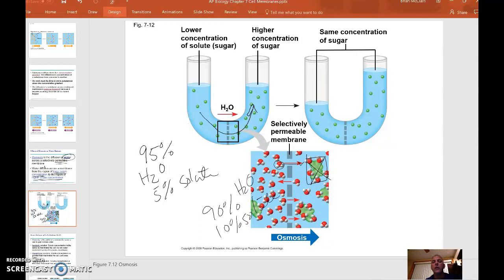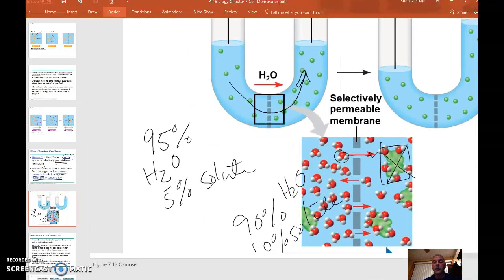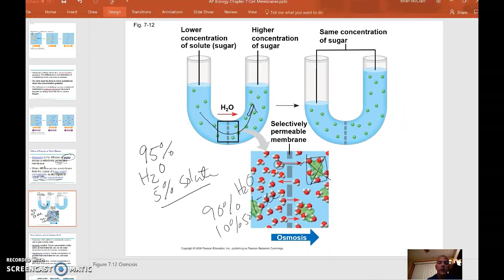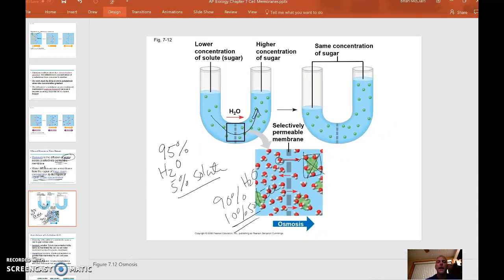So there's two ways you can look at it, and both of them are going to lead you to the same conclusion. If you look at it from the standpoint of where the solute's at, the solute is greater on the right side. And solute has a tendency to pull water towards it.